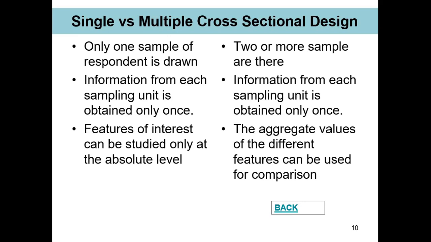Obviously, since only one sample is studied, there is no way you can go on with a comparison. However, in multiple cross-sectional design, there are at least two samples. There can be more samples also. Information from each sampling unit is obtained only once, and the aggregate of values of the different samples can be brought into a comparison. So this can be done for a multiple cross-sectional design.